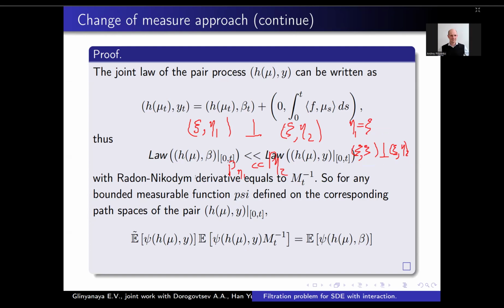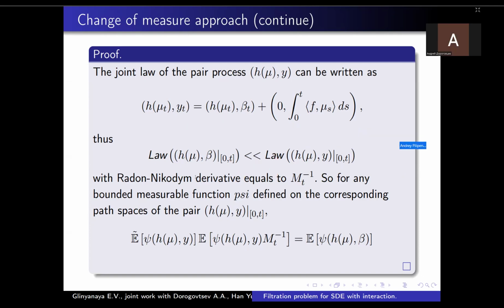So the distribution of this is supported on the diagonal, and the distribution of this is okay, if you have a uniform distribution on a square. I think that we discussed a case when H of mu is some Ito process, yes?